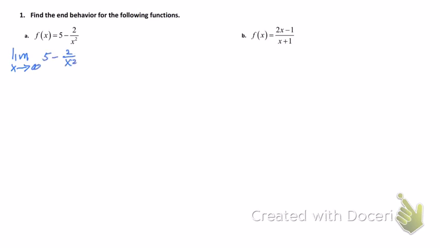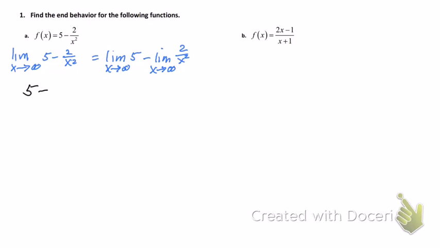Here's my function. I know that I can split those limits between the 5 and the 2 divided by x squared. And then let's take a look at what we've got. I know from previous experience that the limit of 5, that's a constant, is just 5. There's no x involved, so 5 is just plain old 5.